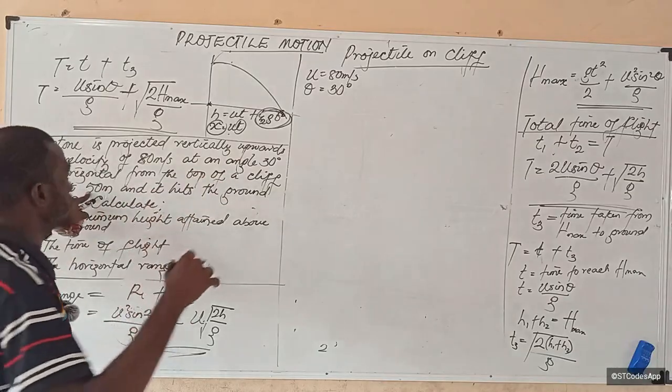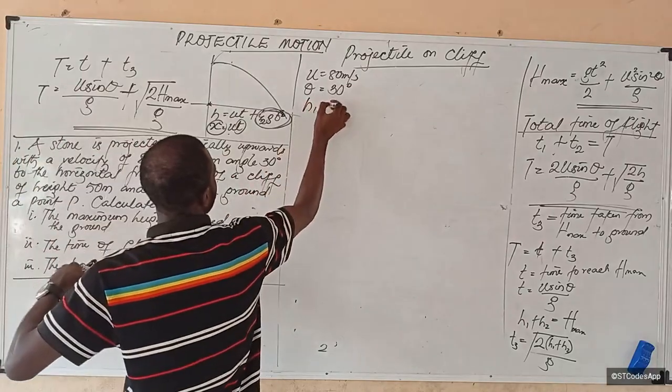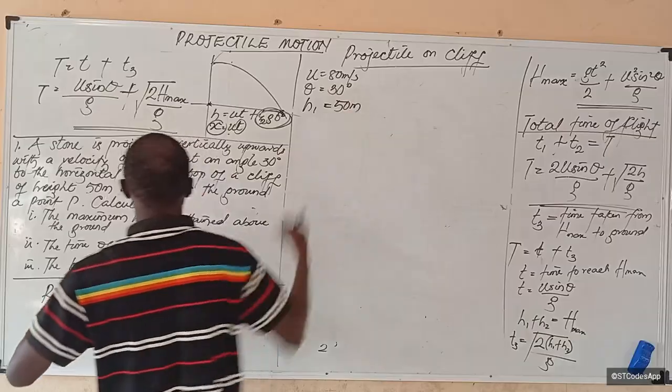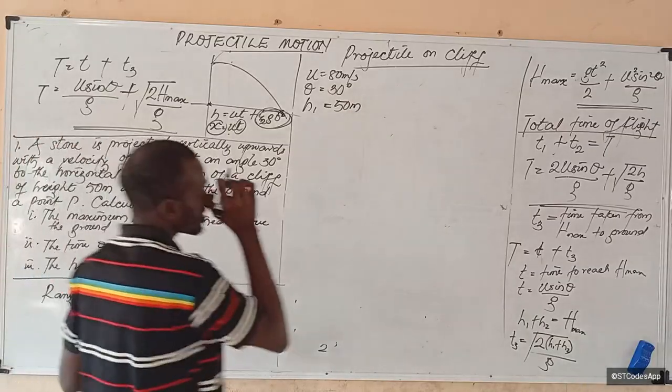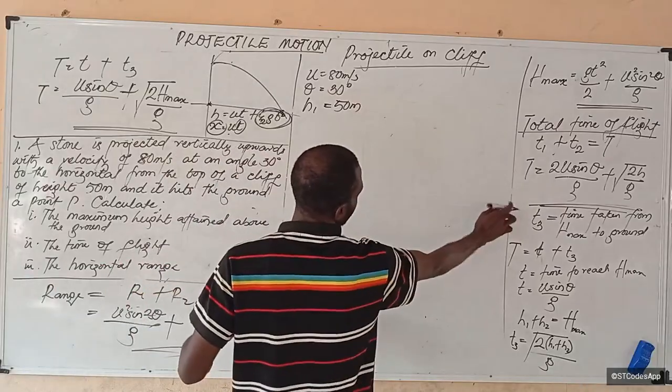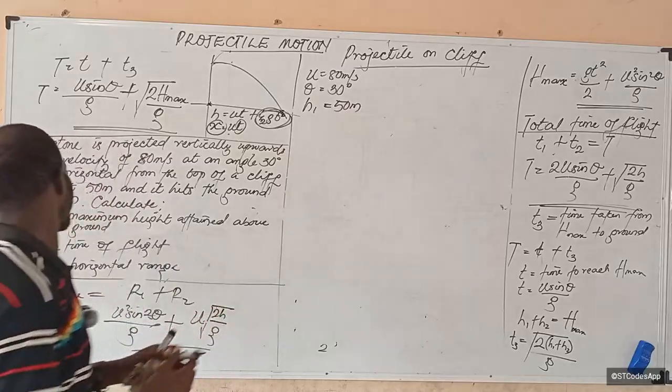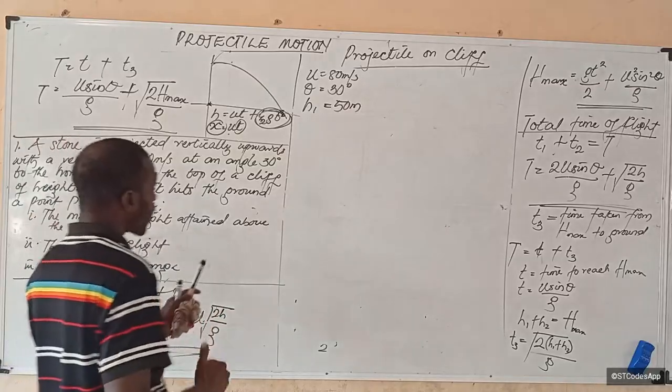What's the height of the cliff? H1 is 50 meters. It hits the ground at point P. Find the maximum height attained above the ground.